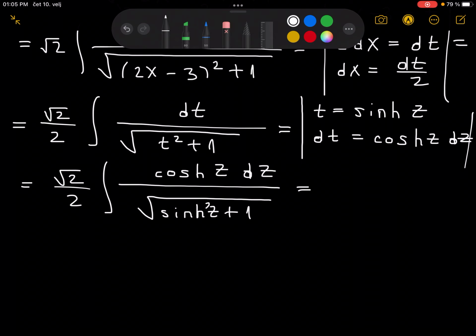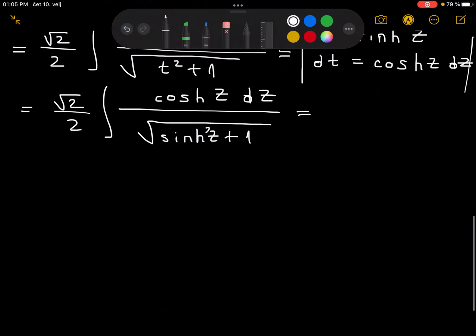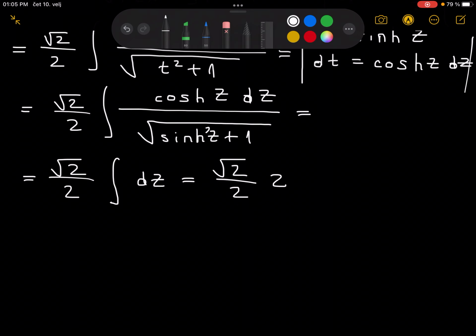And this here is the hyperbolic cosine squared. Once we take out the square root, we're just going to be left with square root of 2 over 2 times the integral of dz, which is the same as square root of 2 over 2 times z plus c.